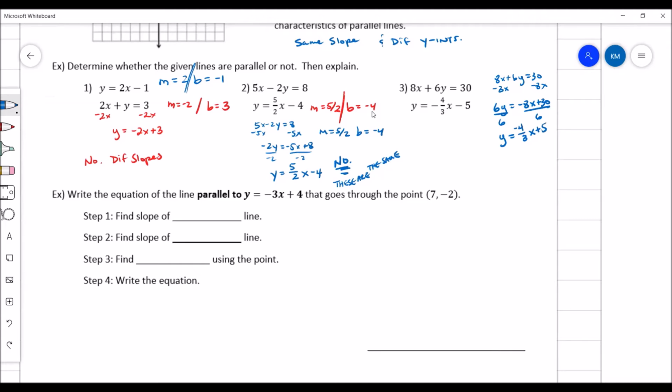So for this first line, my slope is -4/3. My y-intercept is 5. For my second line, my slope is -4/3, and my y-intercept is -5. Are these lines parallel? Yes. For what reasons? They have the same slope and different y-intercepts.